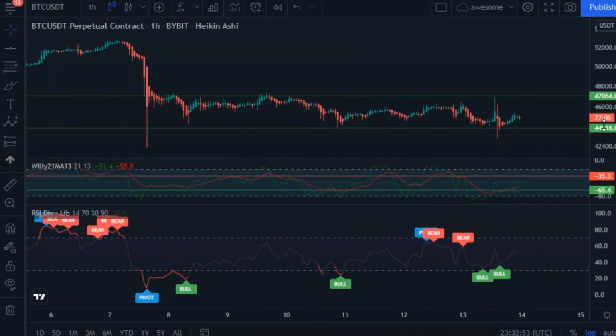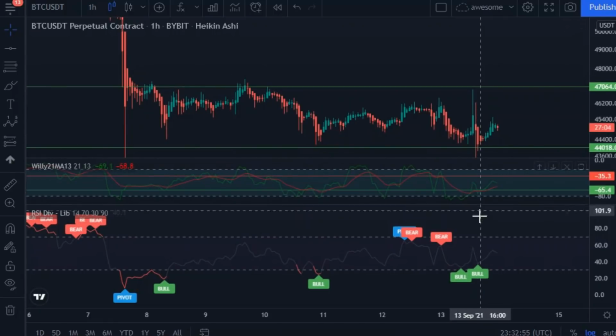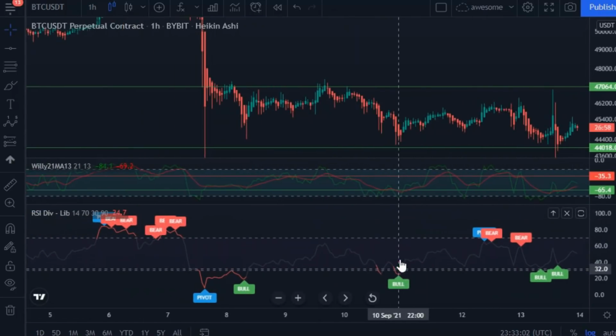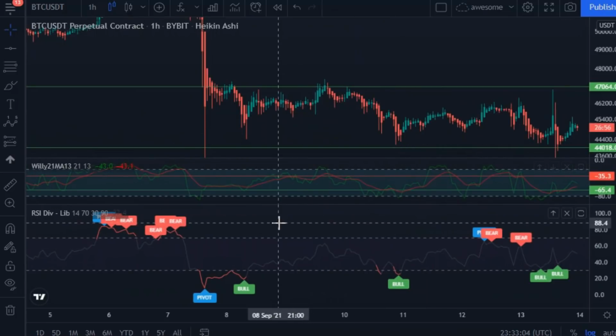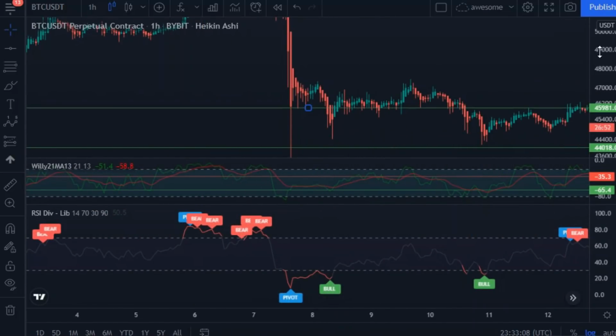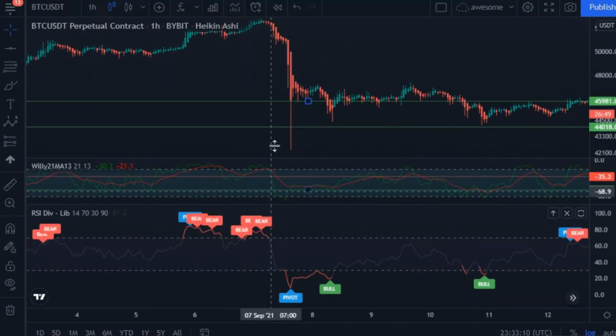When the green signs appear, it means the appearance of purchase points, and when the red signs appear, the opposite is true. This indicator is not very accurate, because it is used to know RSI divergence. But here we will use it for confirmation only.